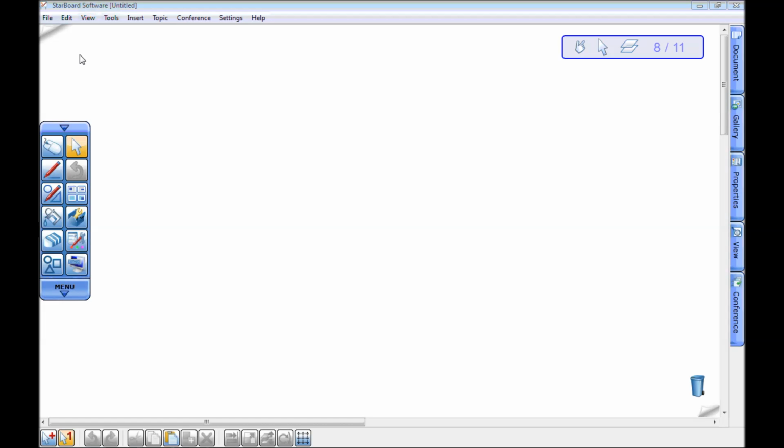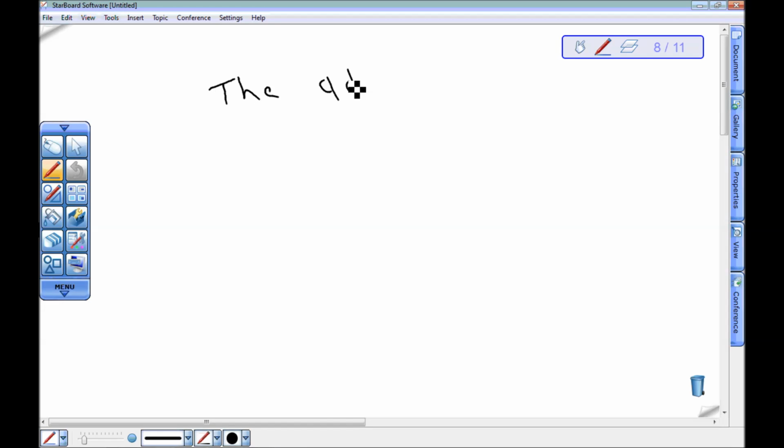We have two powerful tools that let us solve equations. Let's look at the first one of them: the addition property of equality.